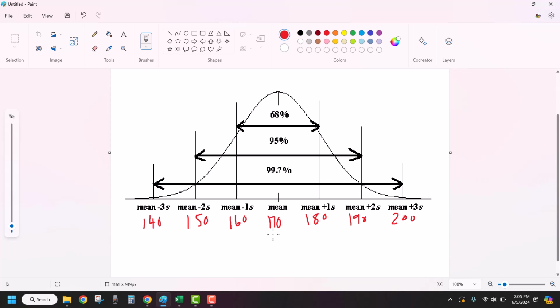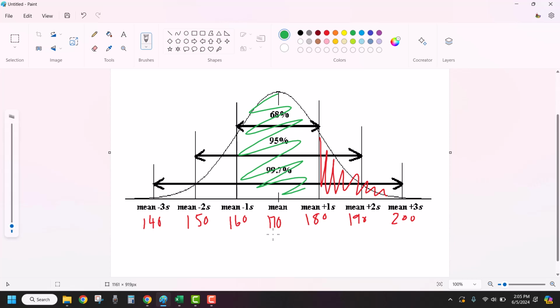And you can use this to do other calculations. For example, if you wanted to know what percentage of women are more than 180 pounds, you could say, okay, well, all of the data in this histogram is 100% of the data. And if I want to know what percentage is in this part of the histogram, because that's the part that's more than 180, I could say, well, I know that this part of the histogram is 68% by the 68, 95, 99.7 rule.